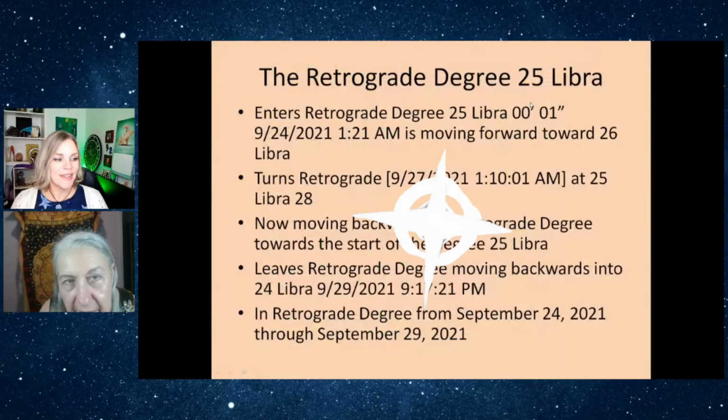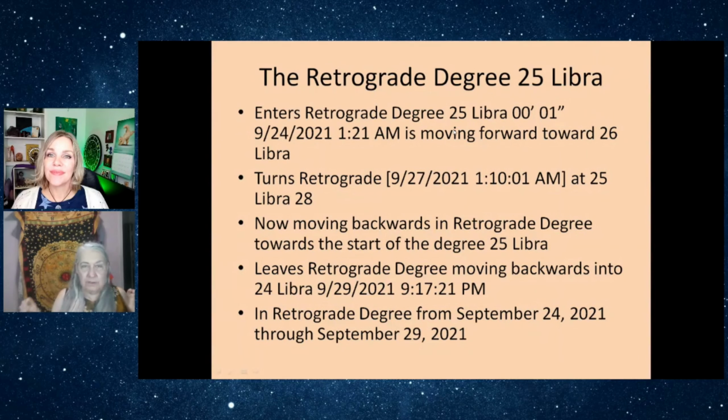Okay. So now, the retrograde degree, this is when Mercury or whichever planet is slowing down in appearance to the point where it actually stops and turns backwards. That's what it looks like in the sky. So the retrograde degree is the 25th degree of Libra.